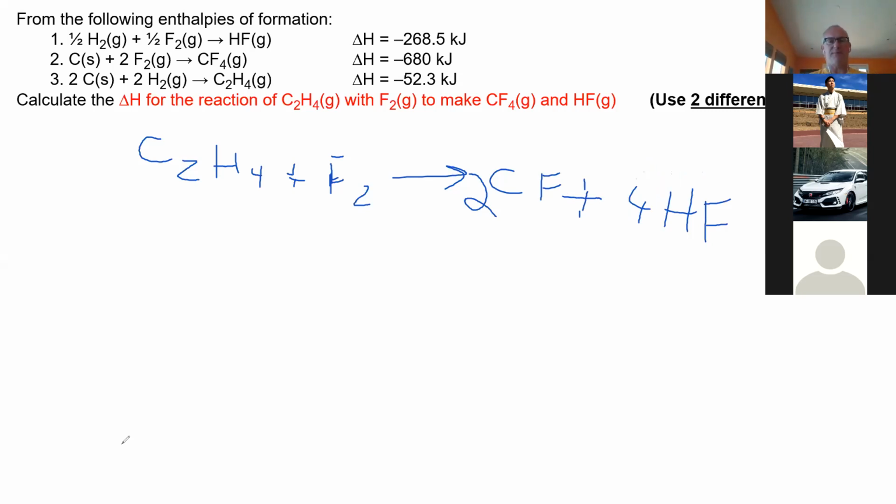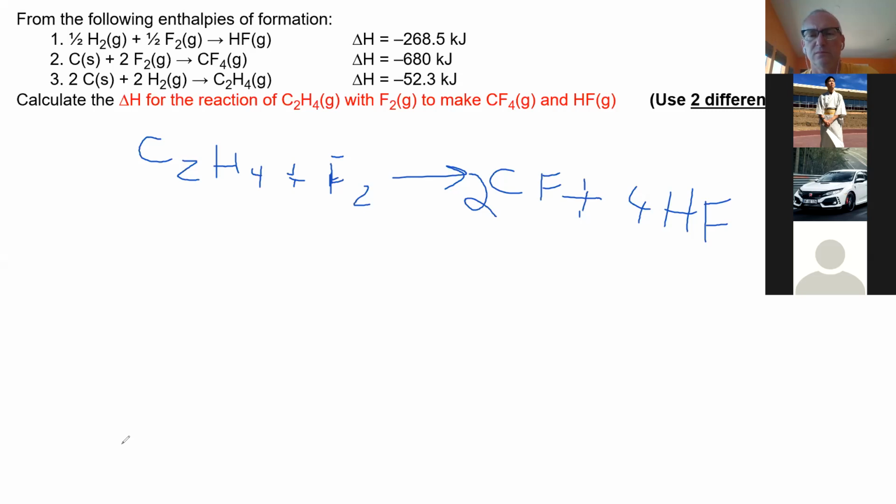So I've got my carbons balanced and my hydrogens balanced. I need to balance my fluorine next. How am I going to balance my fluorine? Multiply F2 by 6, because you have 12 on the product side. I got 12?